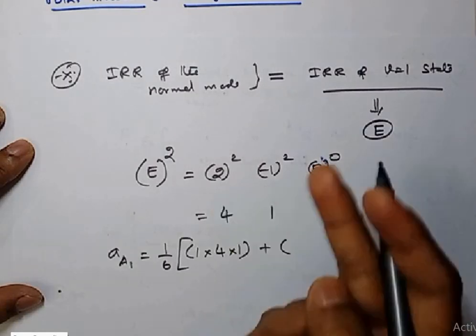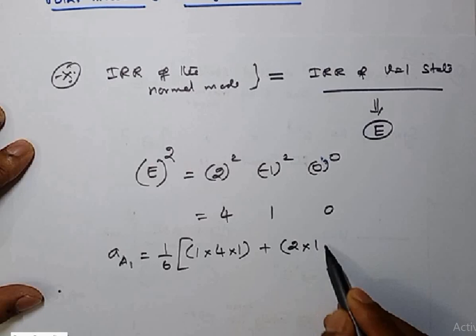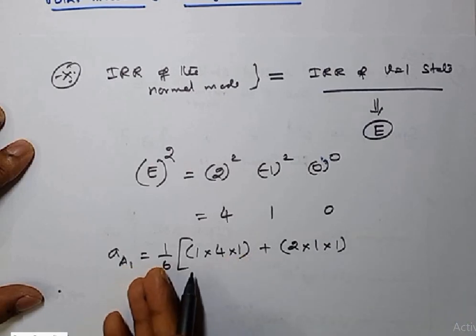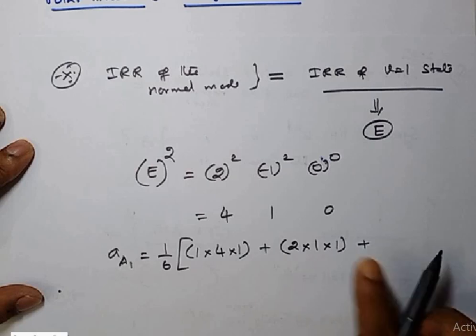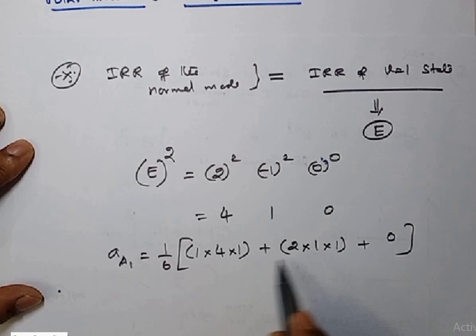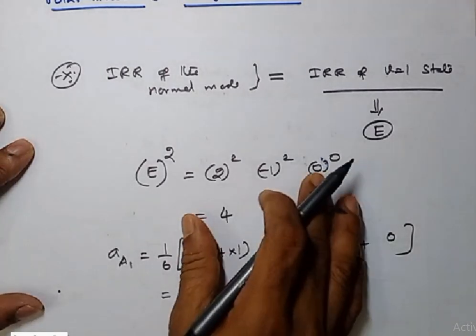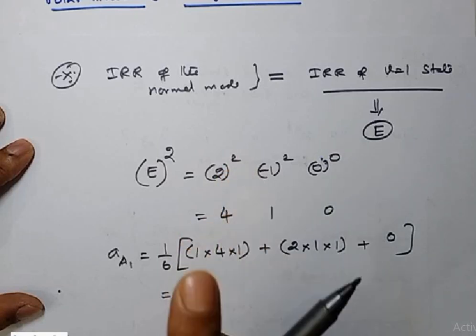In the second class, we have 2 C3 operations, so 2 into the character 1 here. A1 is totally symmetric, so all characters are 1. And here I have 0, so you need not find the last one. 4 plus 2 is 6, so I'll get 1 A1. So this contains 1 A1 irreducible representation.